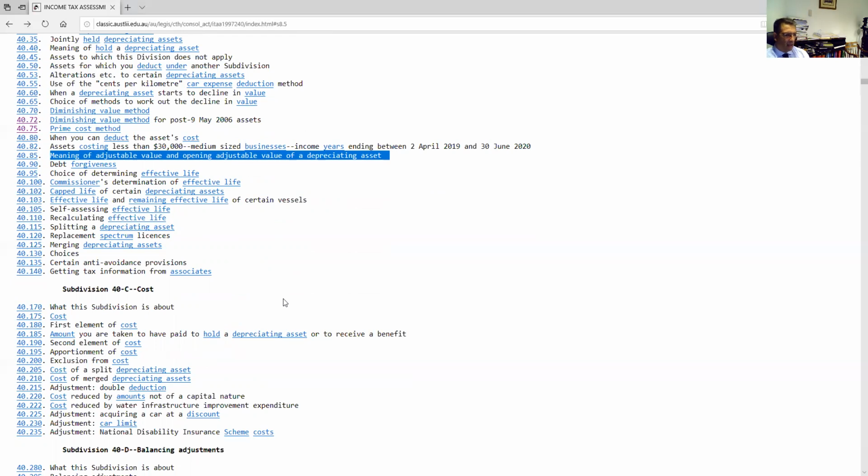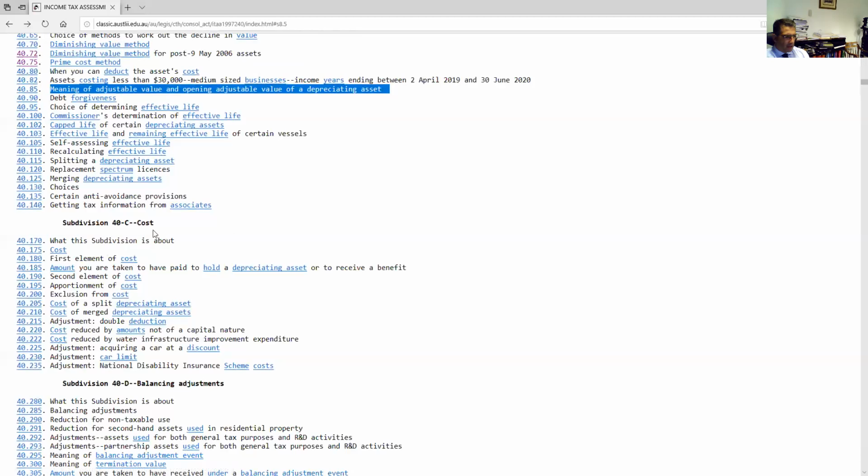So you might legally own something, but you may not continue to hold it in a practical sense, if we articulate it like that. And you can see the cost of the asset, whether it includes incidental costs to put an asset into place, are all things dealt with.